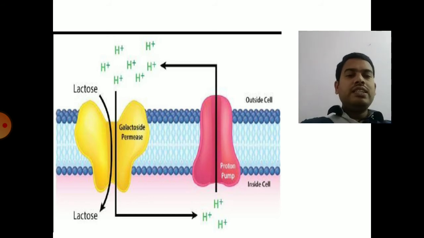And this concentration gradient drives the transport of solute molecules through the protein complex, the galactoside permease. The H+ concentration gradient, that is the proton motive force, is utilized for the transport of lactose from outside to inside the cell.